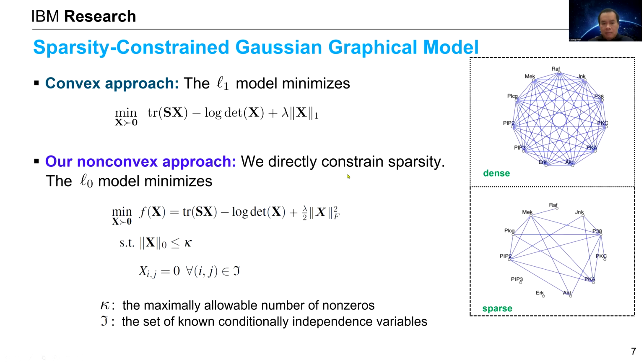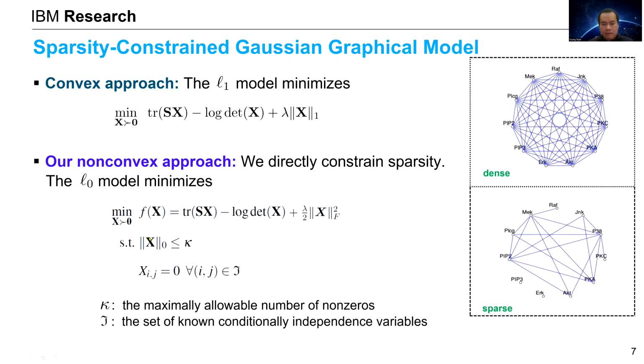But we introduce a new technique to impose the sparsity. For that, we try to leverage exact regularization. For that, we use the L0 term. L0 here tries to impose the maximal allowed number of non-zeros.